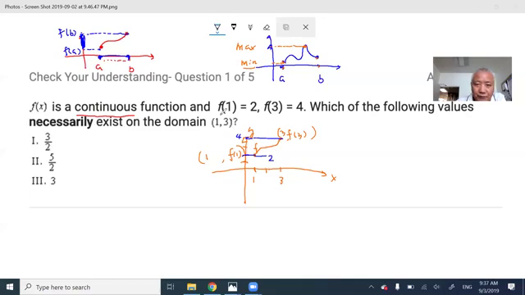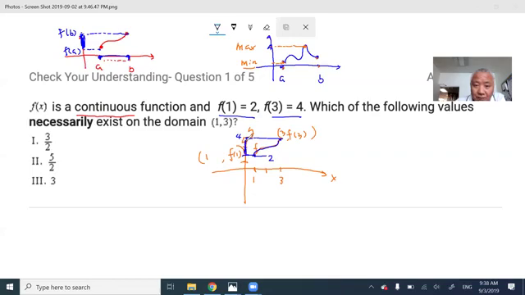Because f(1) equals 2, f(3) equals 4. So that means the point goes through this function f, no matter what route, because no holes, no jumps, no breakdowns there, right? So it's going to take every value in between these two.